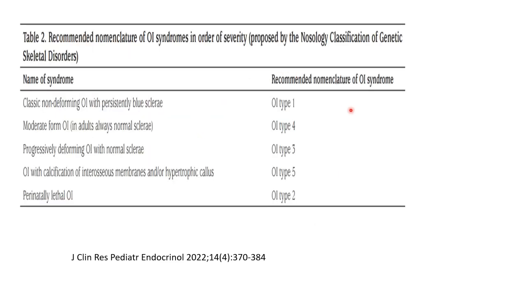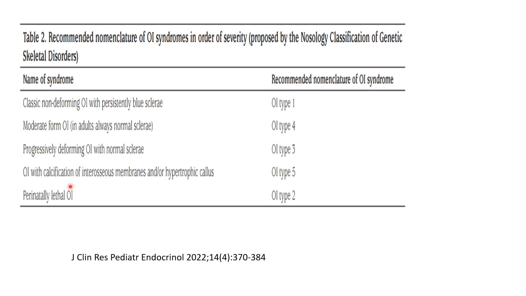These are the various types of OI which were proposed in the nosology classification of genetic skeletal disorders. OI type 1 is a classic non-deforming OI with persistently blue sclera. OI type 4 is a moderate form of OI in adults, always with normal sclera. OI type 3 is a progressively deforming osteogenesis imperfecta with normal sclera.